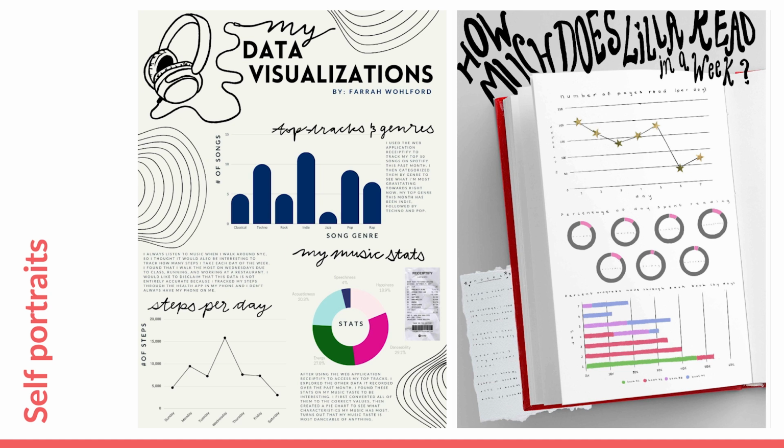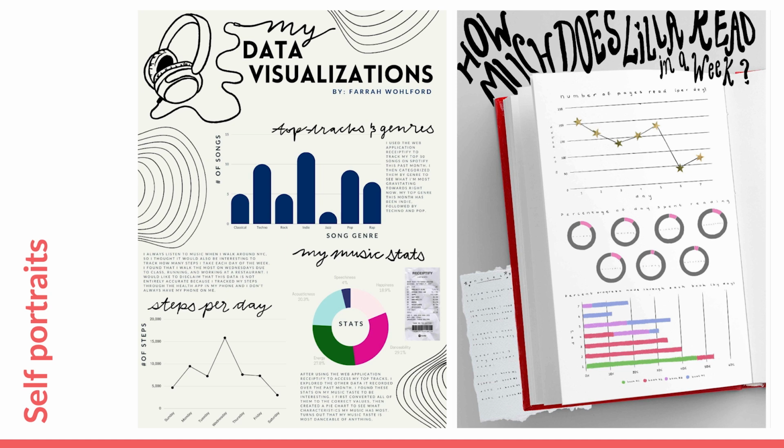On the left, we have data visualizations that really show music stats. So the top tracks and genres that she was listening to, and then, beyond the genre, the feeling of the song. So danceability, energy, acousticness of that music.